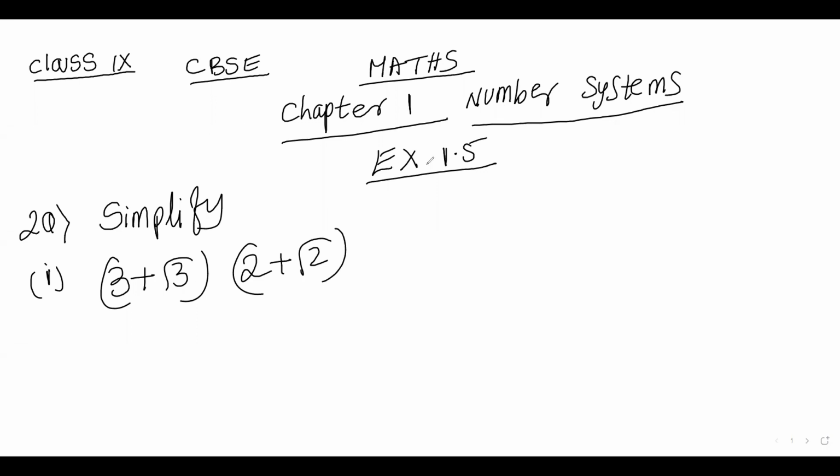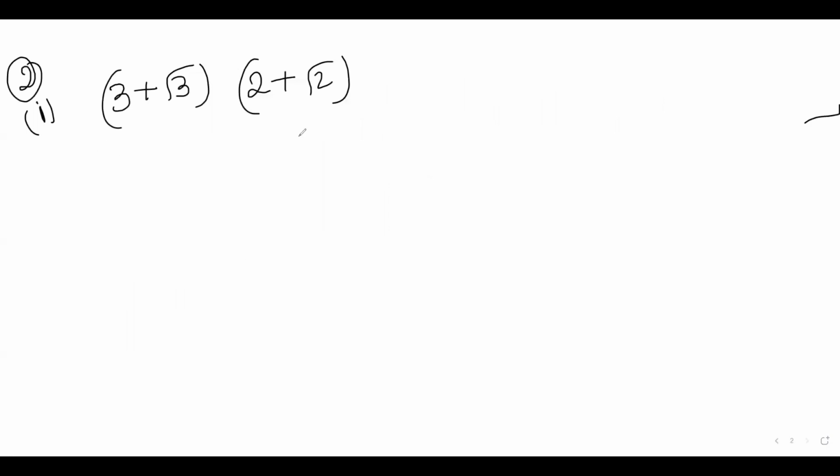So number systems exercise 1.5, second problem: simplify 3 plus root 3 into 2 plus root 2. Let us write the bit in the next page. Here this is not in any algebraic formula.